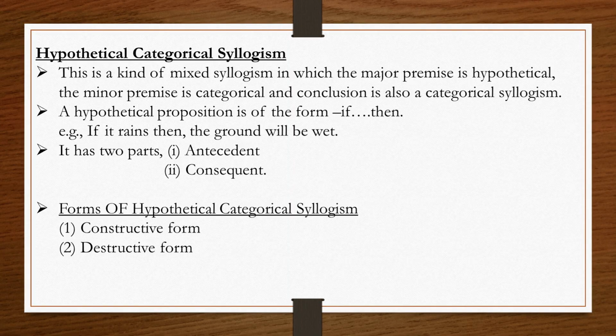In hypothetical categorical syllogism, you know there are three propositions. The first proposition is known as major premise, the second proposition is known as minor premise and the third proposition is known as conclusion.